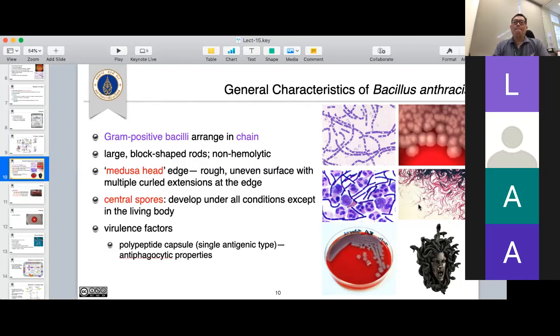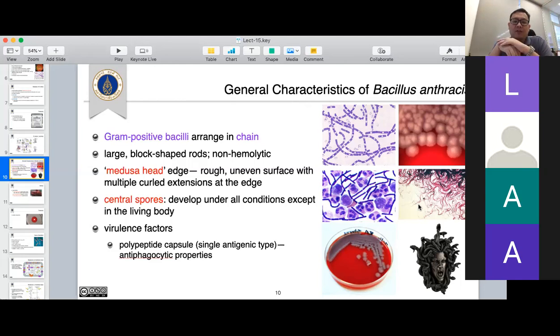Anthracis is a bacterium that produces a capsule, but the capsule of anthracis is different from the other capsules you learned. The other capsules, like strep pneumo or other bacteria, are polysaccharide capsules. Well, they might contain some protein, but most of the component is polysaccharide, okay?